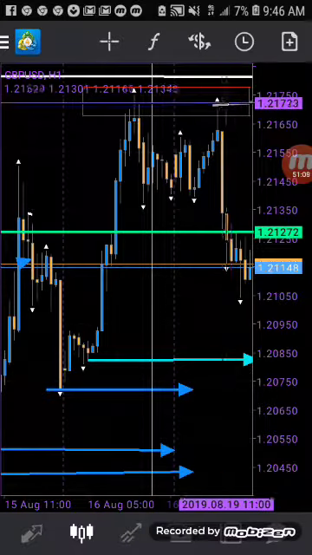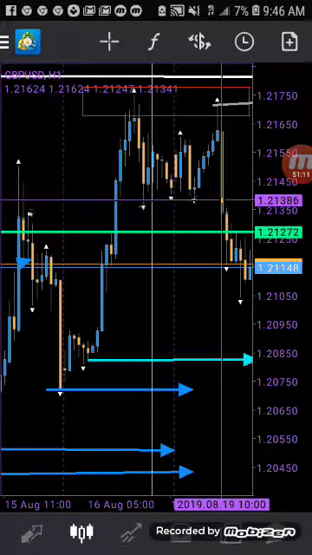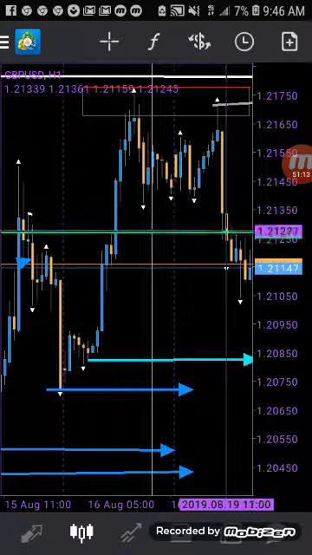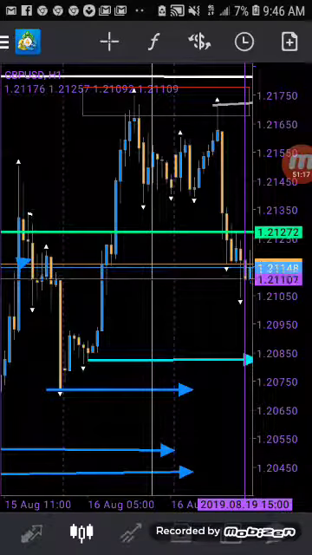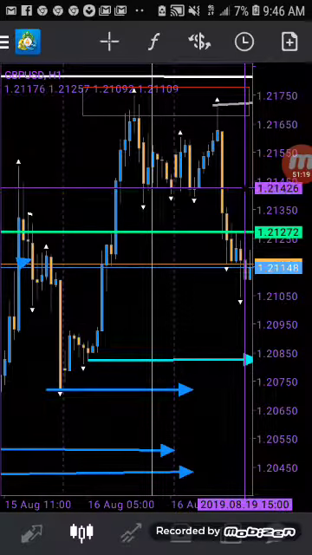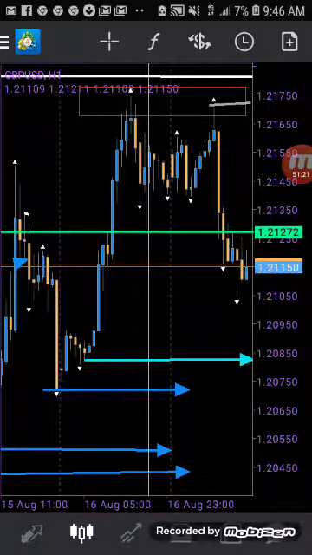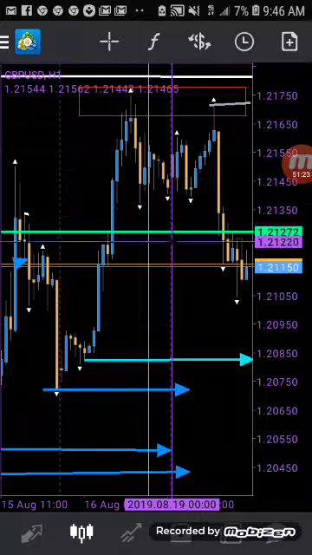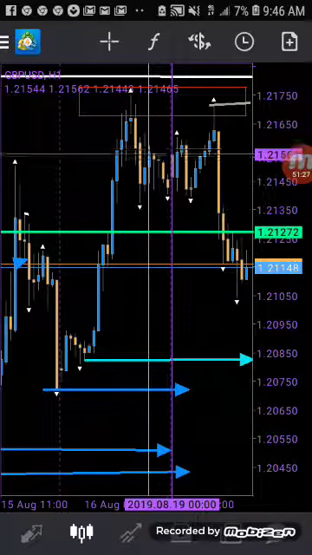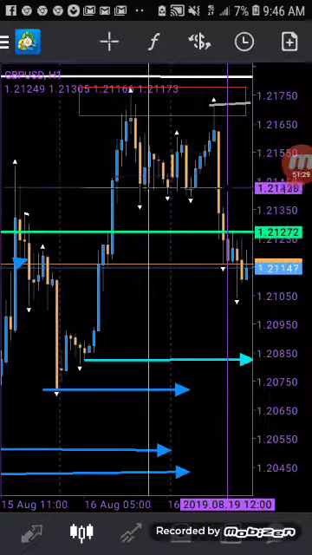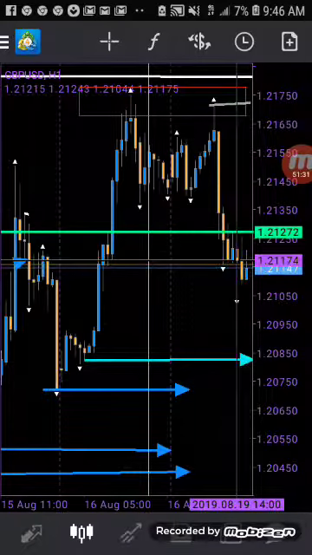I already sold up here. This looks like it could be the beginning of the markup, so it can go down further. But if I sold up here, I'll be looking to take profit anyway. That's what I'm saying. Markdown phase, smart investors are looking to take profit.